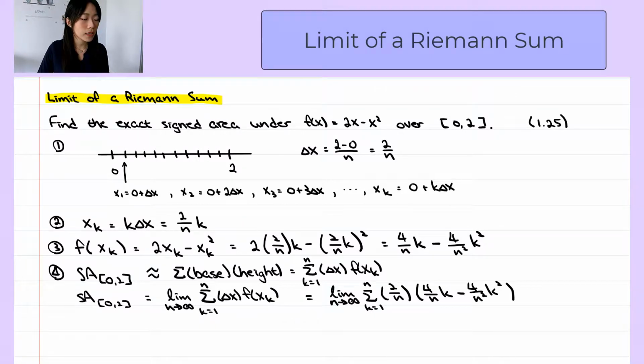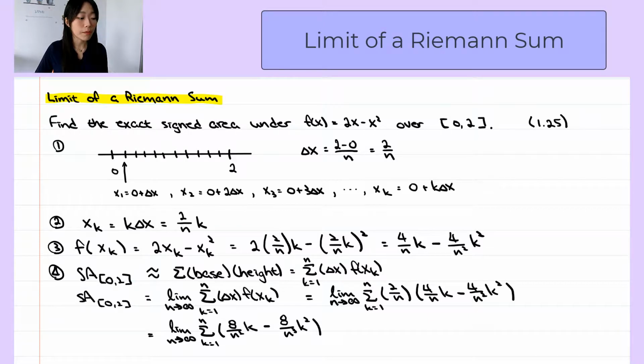Now we expand the equation. The limit as n approaches infinity of the sum of 8 over n squared times k minus 8 over n cubed times k squared. The index starts from 1 to n.